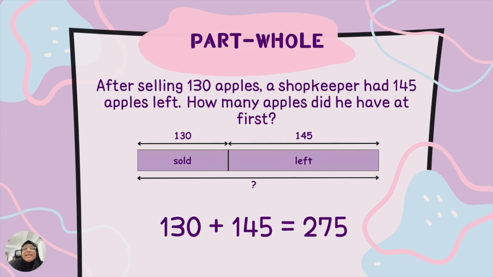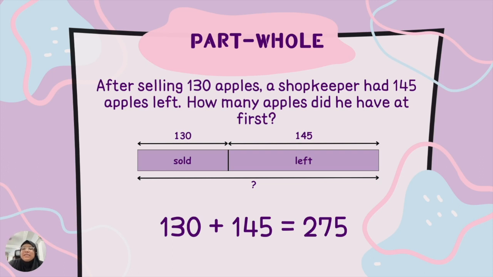On the other hand, another sample of a part-whole model is where they give you the parts, and you need to find the total amount. For example, after selling 130 apples, a shopkeeper had 145 apples left. How many apples did he have at first? One part is labeled as sold, 130, and the other part is labeled as left, 145.